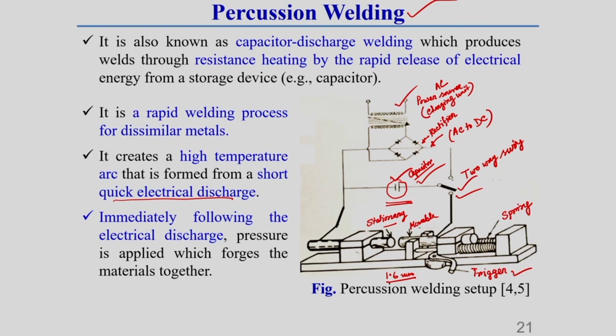Due to this arc, melting of these two workpieces takes place, and after that contact of these two workpieces takes place and welding is done. As it is done very rapidly due to this discharge of electrical energy from the capacitor, that is why this is called the percussion type of welding process. This you should keep in mind.